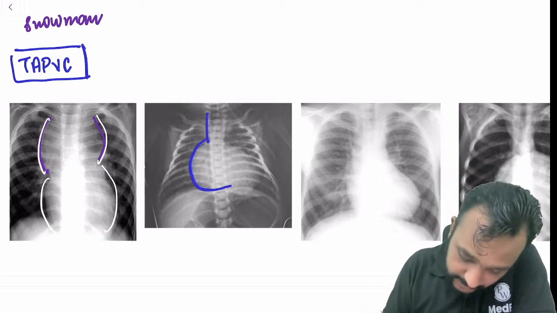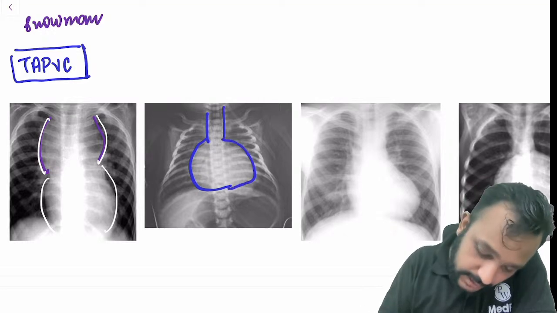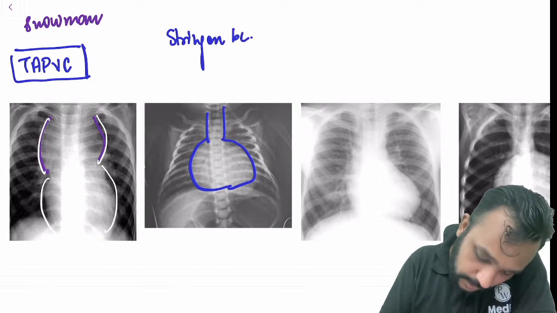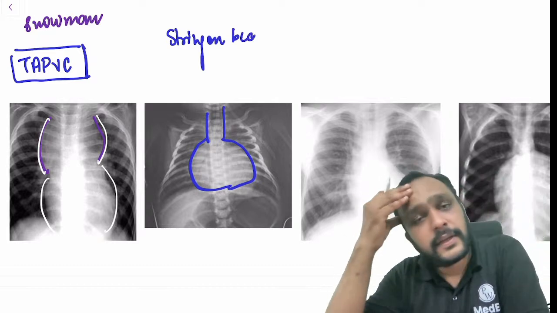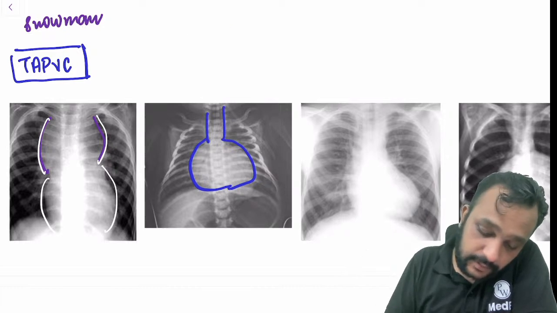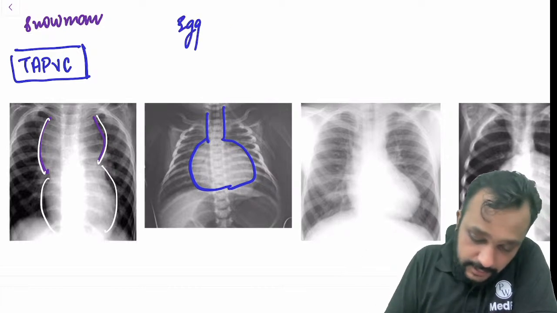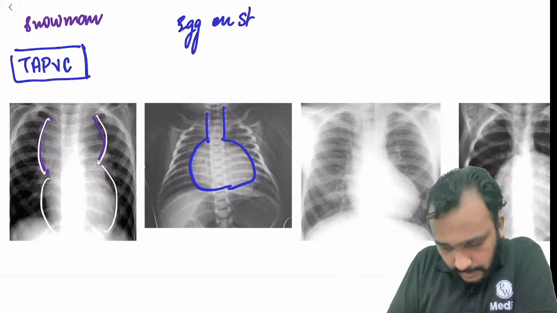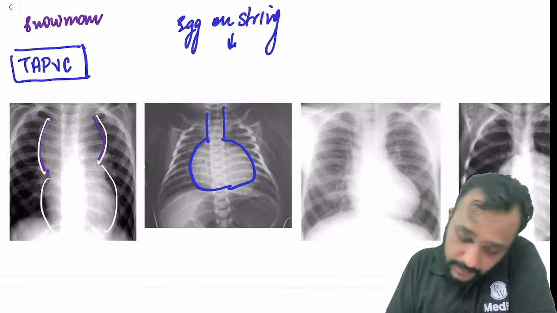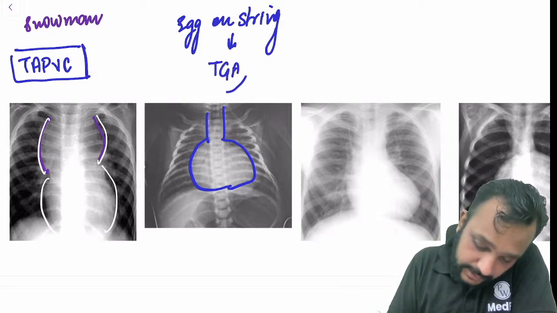Then you have the string of beads appearance. Then you have the egg on string appearance. It is seen in transposition of great arteries.